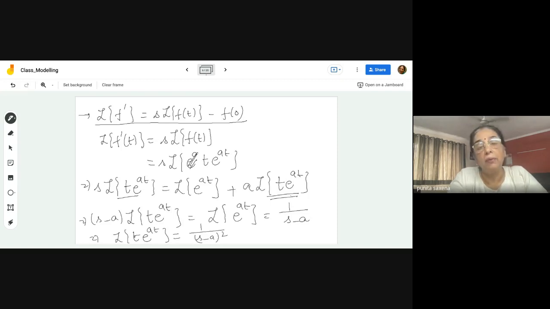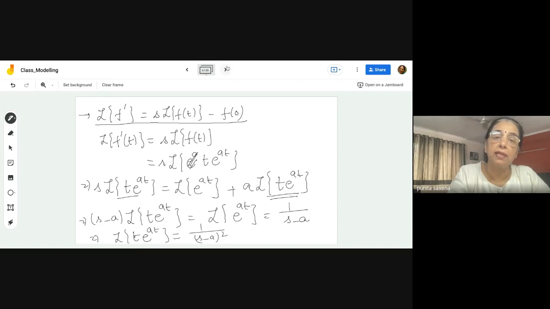So what I wanted to convey here is that sometimes we don't use the function itself directly to find the transform, but we start with the Laplace transform of its derivative and then find it like this.